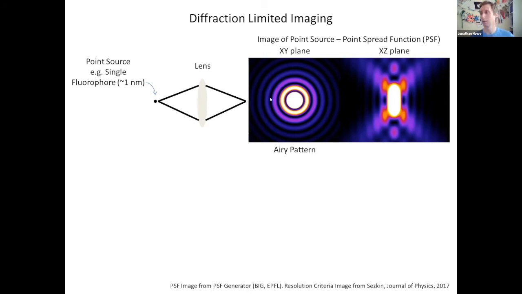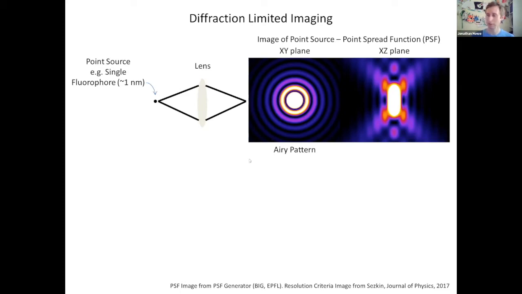If we look at the XY cross-section, it forms this thing called the Airy pattern, which has a central maxima, then a minima, and then a maxima and a minima, and it forms these concentric rings, which just go on and get dimmer and dimmer. In the XZ profile, it's much taller than it is wide in the XY profile, so the Z resolution for most microscopes is worse than the XY resolution.